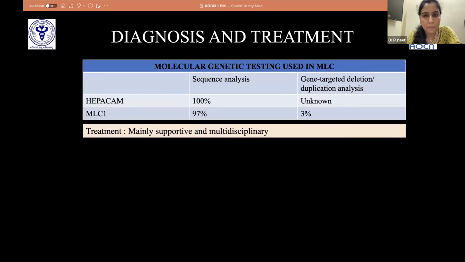So for diagnosis of MLC, the molecular genetic testing used is sequence analysis. But in around 3% of the cases in the MLC1 gene, deletion duplication has also been reported.